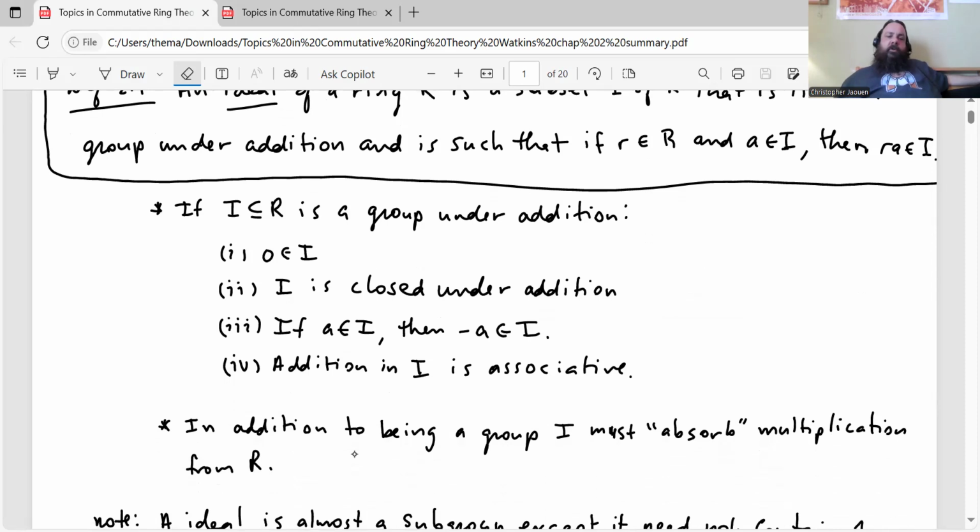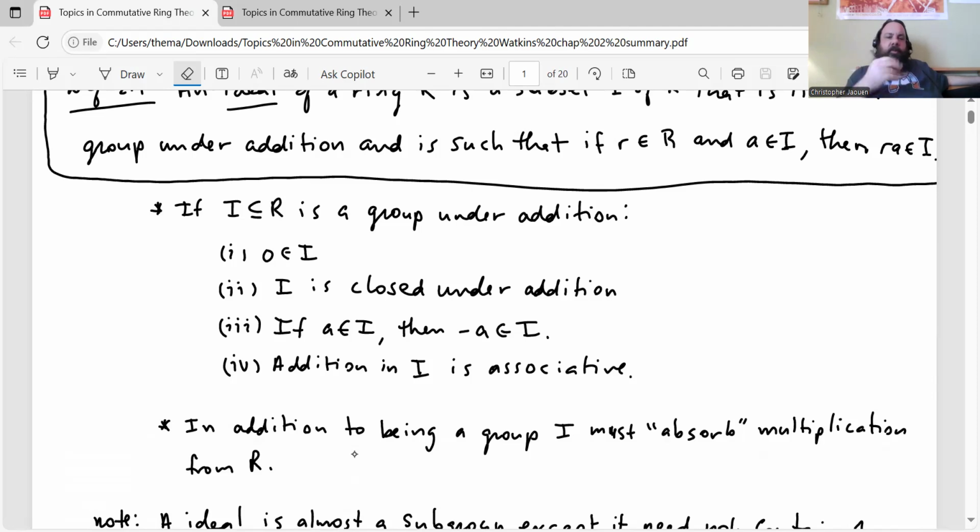All right. If you don't know what a group is, Watkins does give the axioms here. And just to mention it, axiom 1 actually follows from axioms 2 and 3, so you don't really have to state it. But axiom 1 does guarantee here that you have a non-empty set, and in order for something to be a group, it has to be non-empty. So you could start by saying it has to be non-empty.